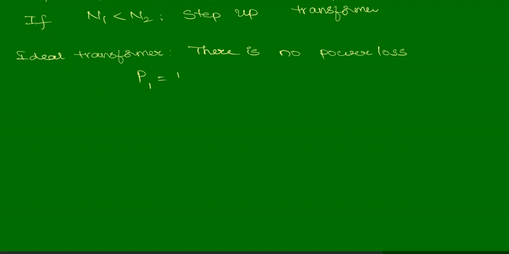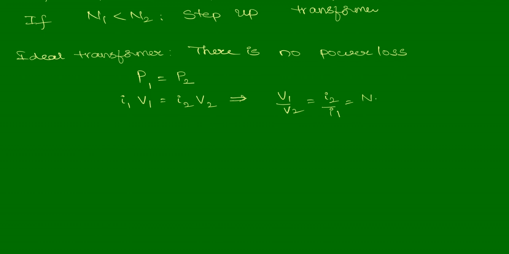So if input power is P1 and output power is P2, input current into input voltage will be equal to output current into output voltage. From this we can write V1 by V2 is equal to I2 by I1, which will be equal to N1 by N2. This is one interesting equation where you will have a good number of numericals.